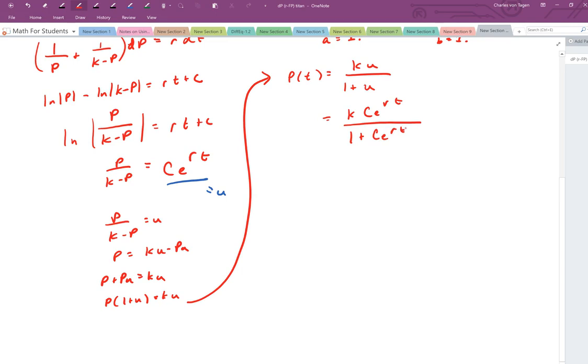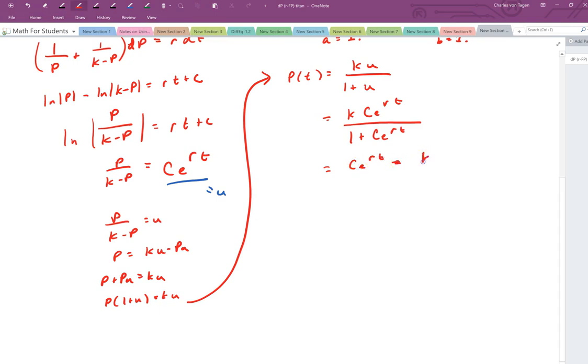This is a fine place to leave it. There's many other things I could do. Let's go ahead and divide both the numerator and the denominator by CE to the RT. Or put another way, let's factor out a CE to the RT from the numerator.